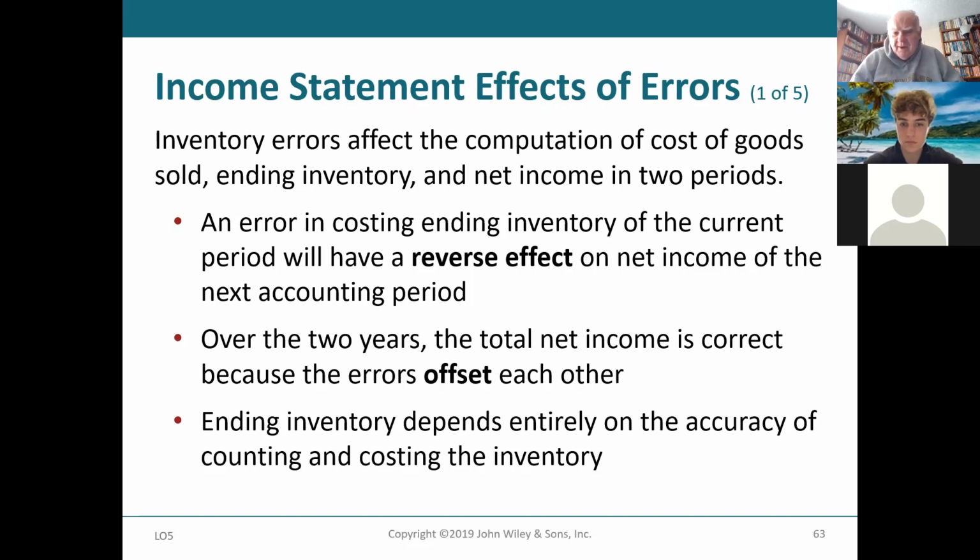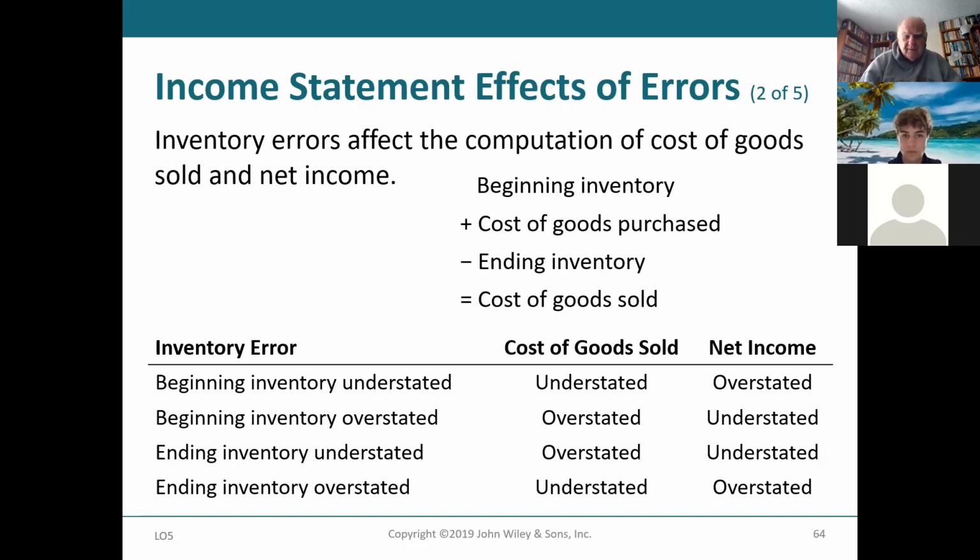But you also automatically screw up the next year. If you understate the net income this year, you will automatically overstate it the next year because you're coming into the new year with a bad beginning inventory. So that's a hard and fast rule. If you understate the inventory this month, you're going to understate the net income and overstate it next month automatically.